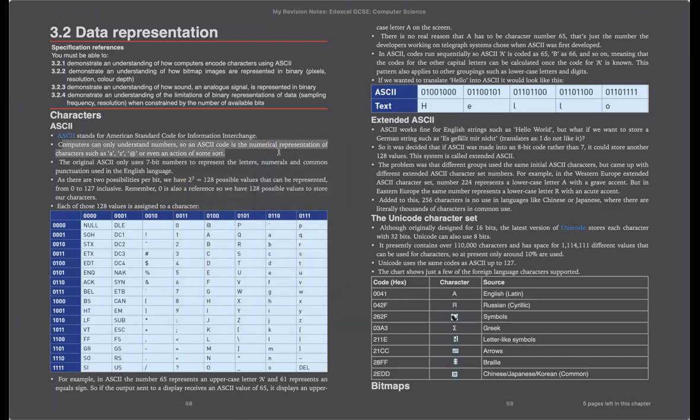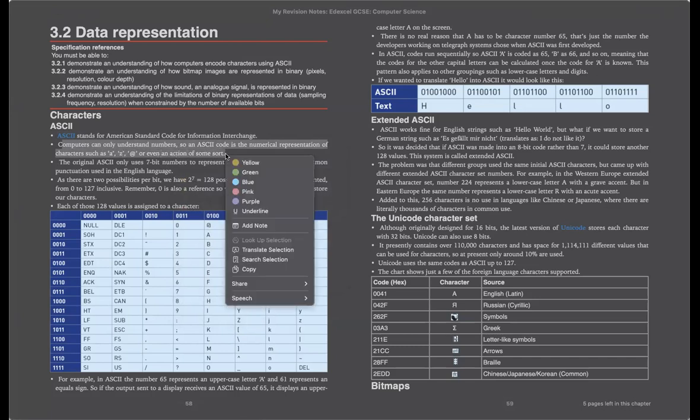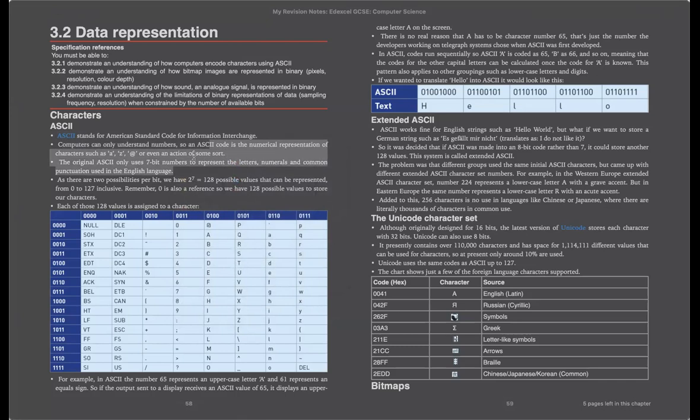So ASCII code is a numerical representation of characters, such as A, Z, the at sign, or even an action of some sort. Every character on the computer is handled with the help of ASCII codes. As there are two possibilities per bit, we have 2 power 7, which is equal to 128 possible values that can be represented.